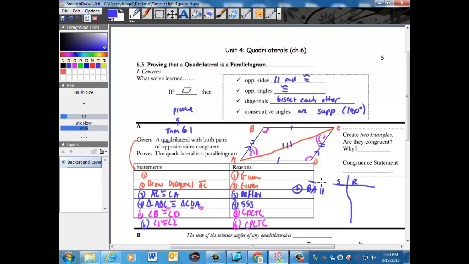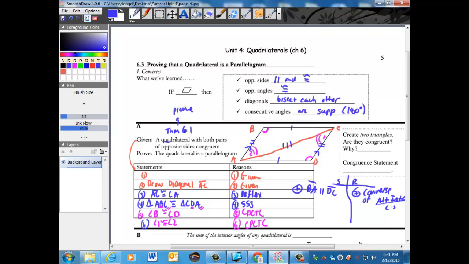So BA is going to be parallel to DC. And the reason why those two lines are now parallel is by the converse of alternate interior angles.